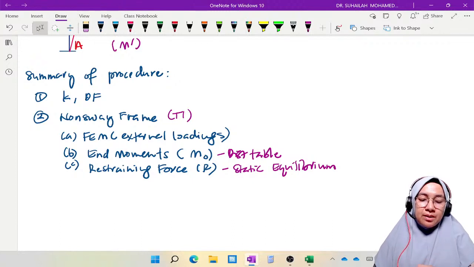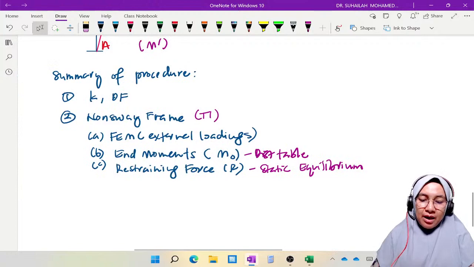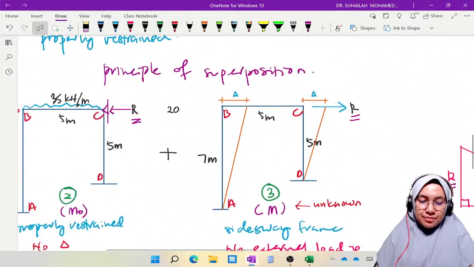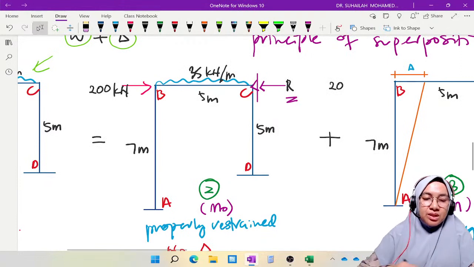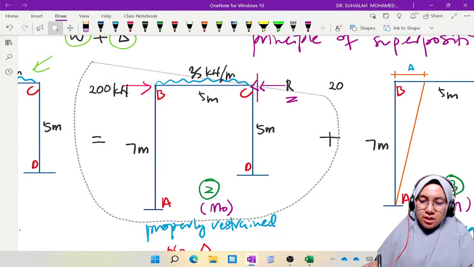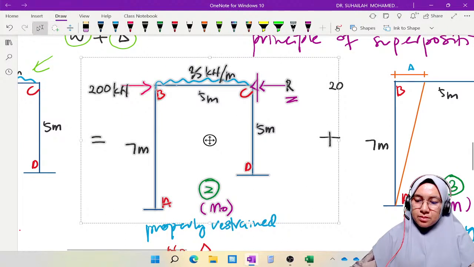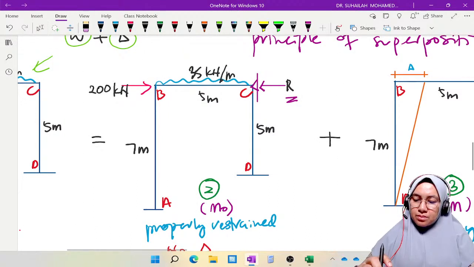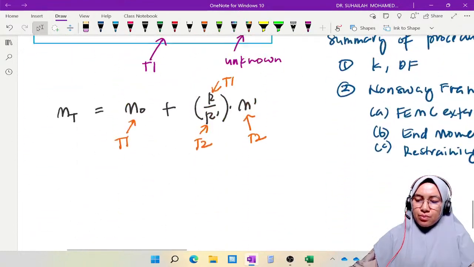Representing this, we have this frame that we have to analyze. So this is for table number one.